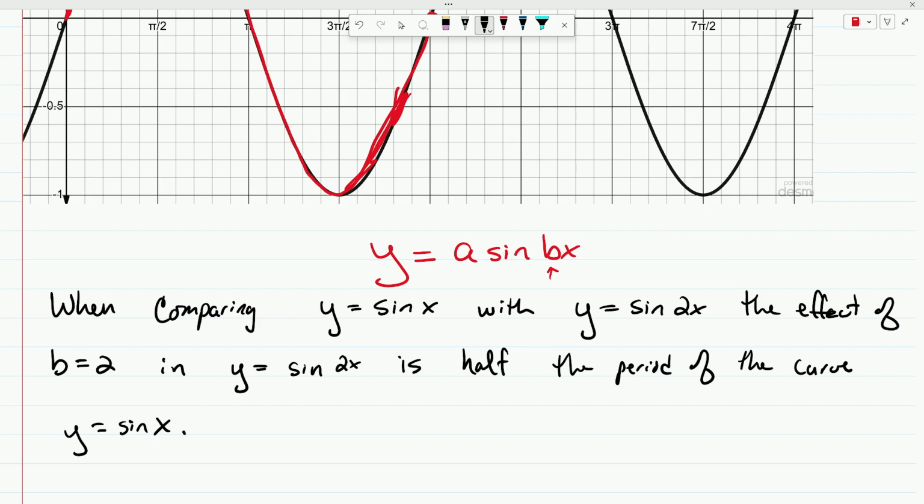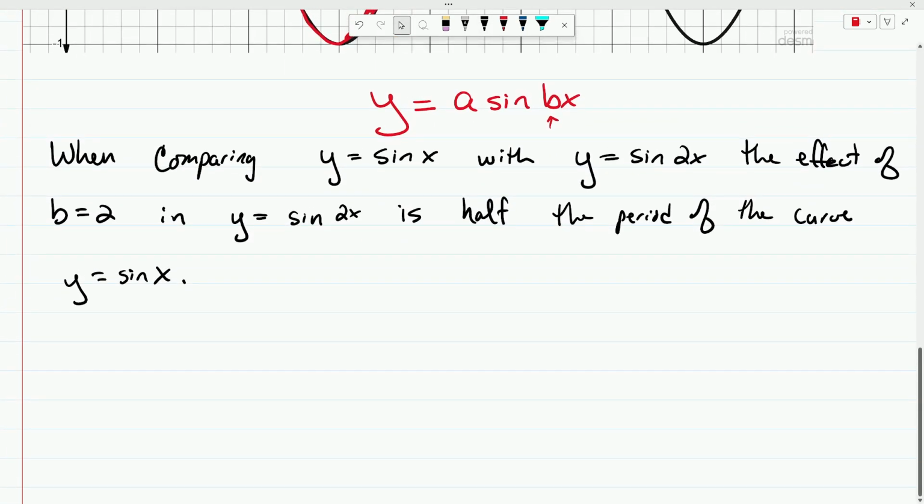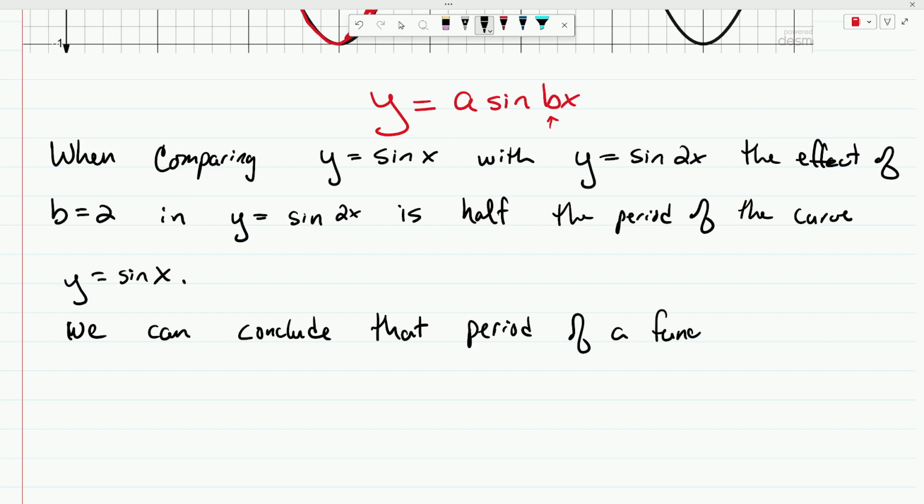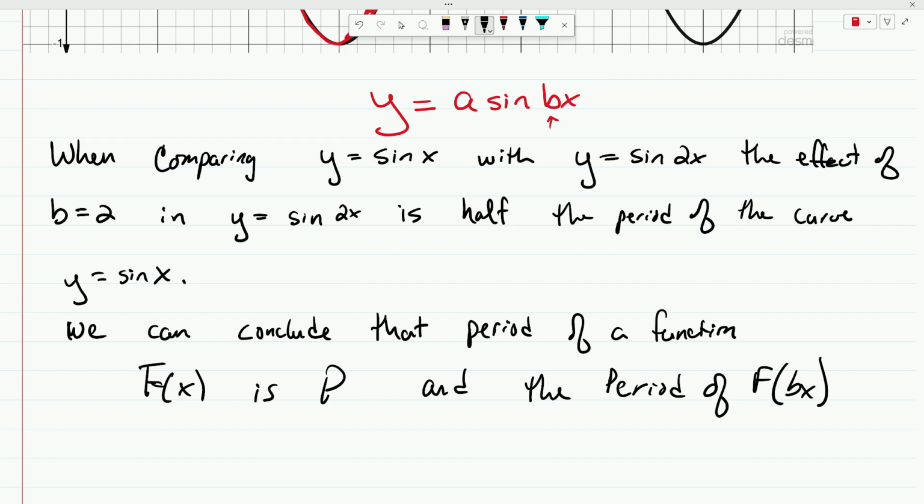All right? So we can conclude that the period of the function y equals sine of x is p, and the period of the function of bx, so if you just put a number in front of that letter x other than the number 1, the period is now divided by b.